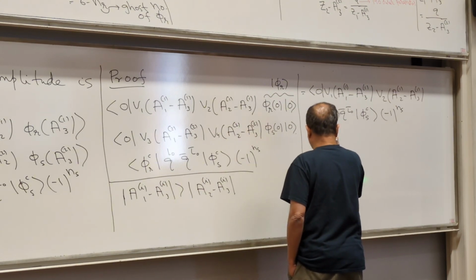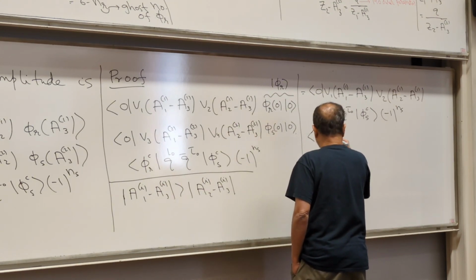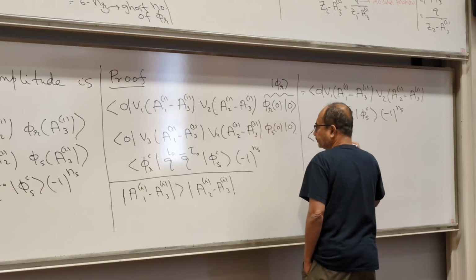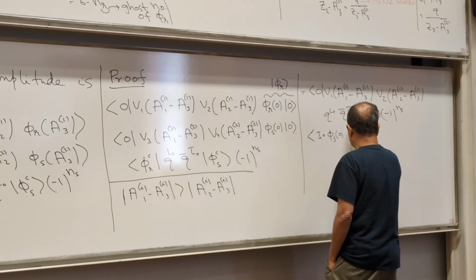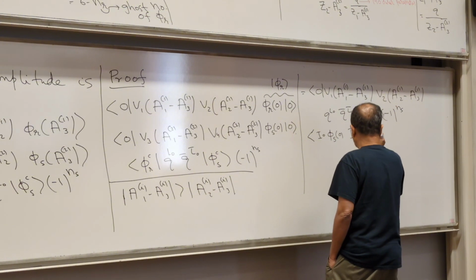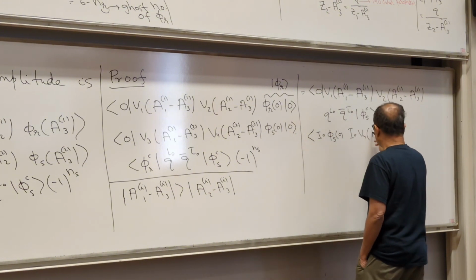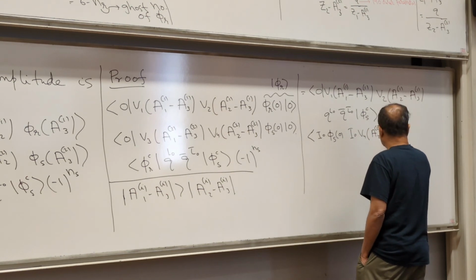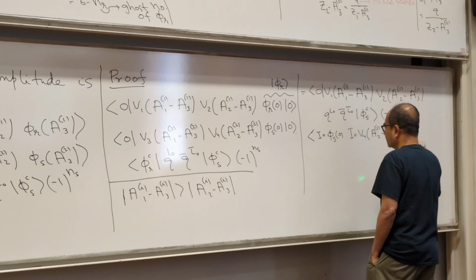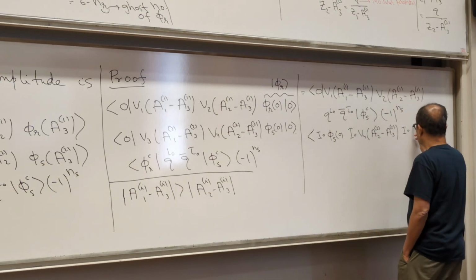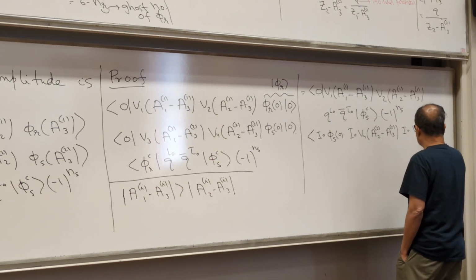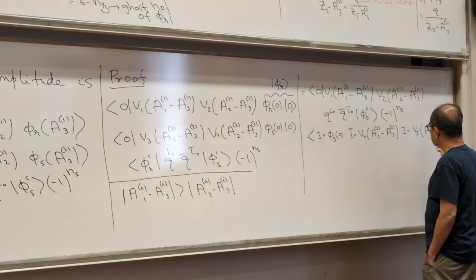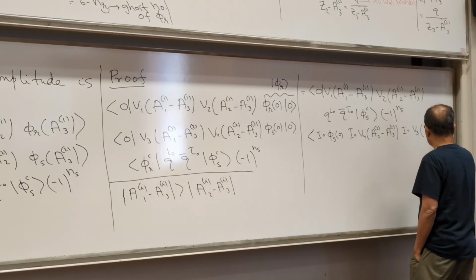So I can write this as I dot phi s of 0, I dot v4 of a22 minus a23, I dot v3 of a21 minus a23.